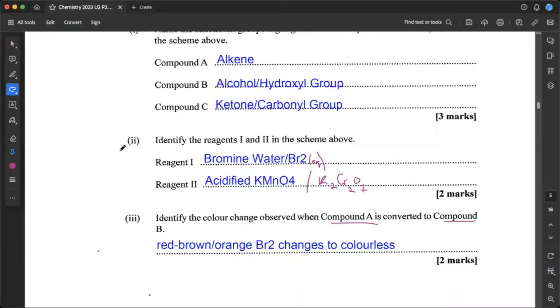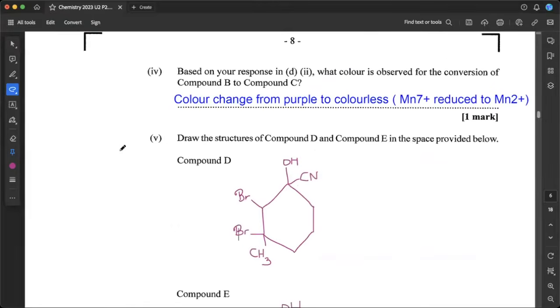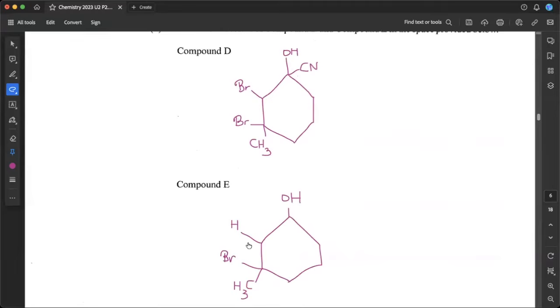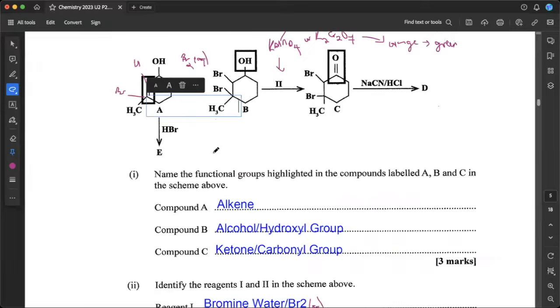And so when we draw that structure, it ends up being this one here, right? Where we add our hydrogen here, we get rid of our carbon-carbon double bond. It's now a carbon-carbon single bond, and the bromine is being added here where there was this methyl substituent, okay? So this is our compound E that's formed by adding a hydrogen halide to this alkene.